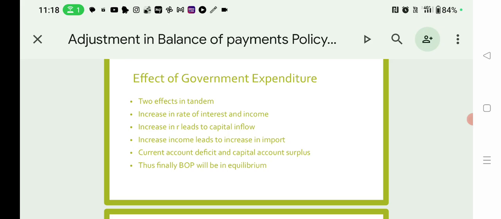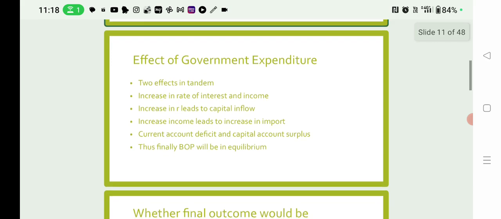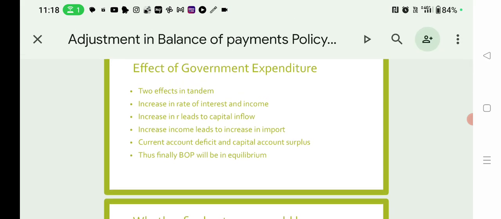So both a current account deficit and a capital account surplus are possible through changes in government expenditure. Finally, the balance of payment will be in equilibrium, with the current account deficit corrected by the capital account surplus. So this is the impact of government expenditure on balance of payment adjustment.